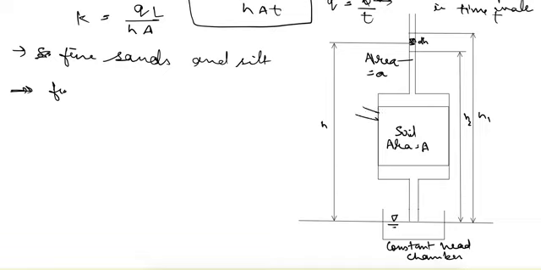We will not remove it from the sampling tube, and we will just put the piezometer or standpipe in this, and a constant level of water is maintained below the soil sample. When some water is inserted from here, after some time the water level will gradually go down, and from there we will find out the value of the coefficient of permeability. So let's see how it is done.